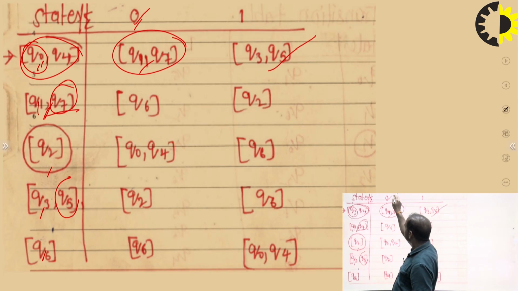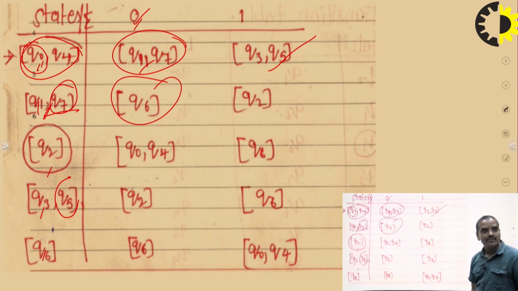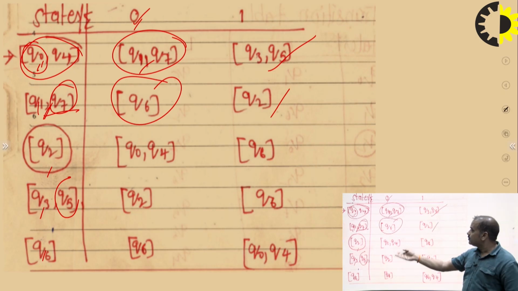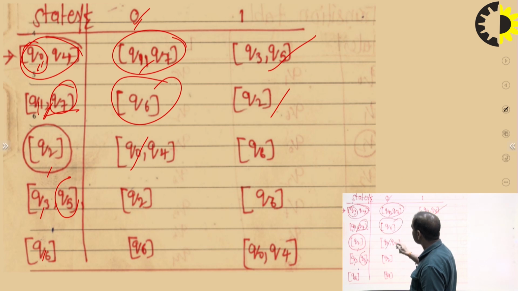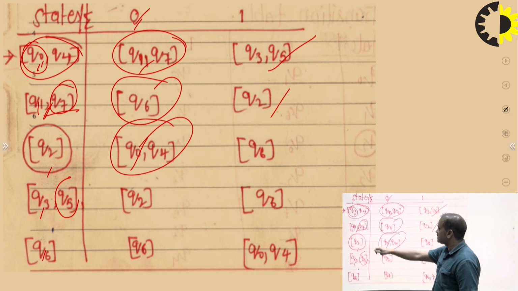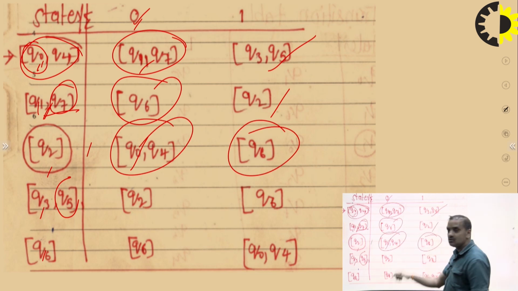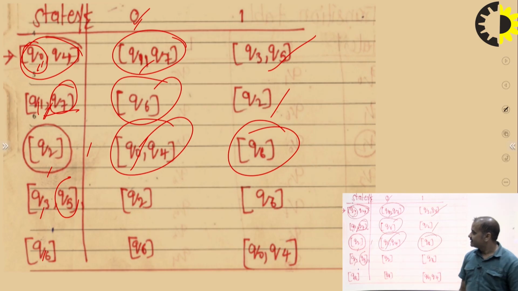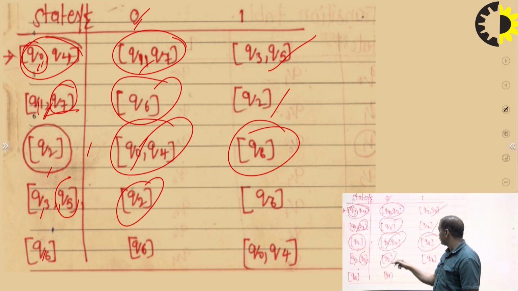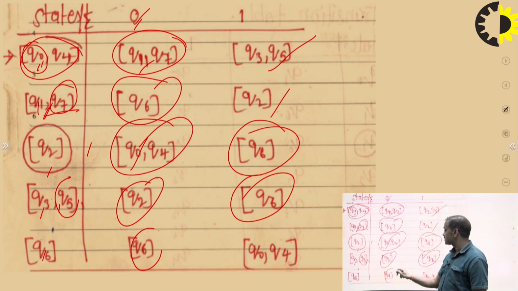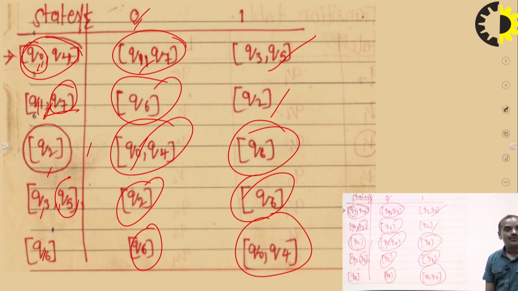State Q1 input 0, the next state is Q6, so I write Q6. State Q1 input 1, the next state is Q2, we write Q2. State Q2 input 0, the next state is Q0, we write Q0, Q4. State Q2 input 1, the next state is Q6, we write Q6. State Q3 input 0, Q2, Q6, and Q0, Q4.